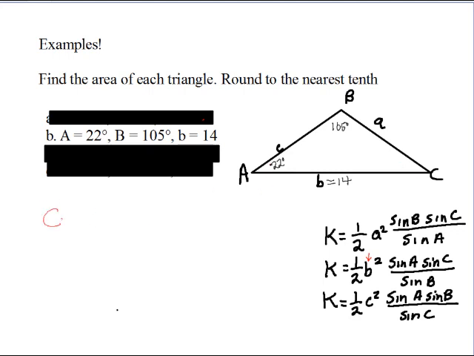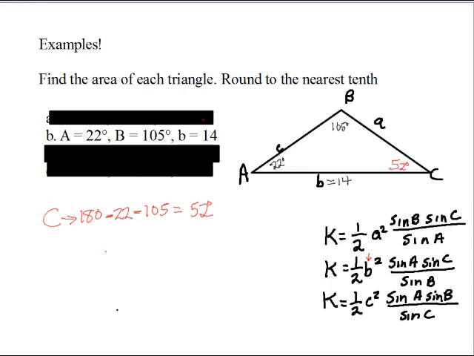So we have to find big C. So C is equal to 180 minus 22 minus 105. So big C should be 52. Okay, should be 52 degrees.